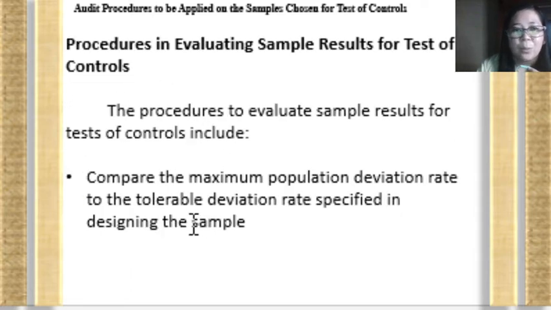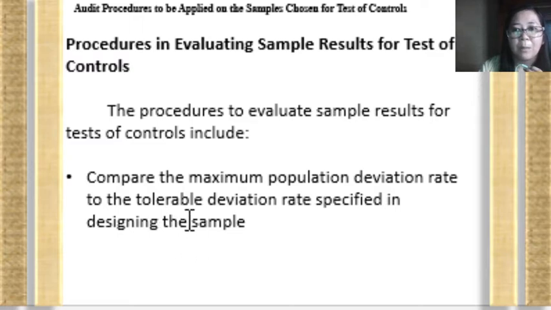After which the auditor will compare the maximum population deviation rate with our tolerable deviation rate that is specified in the sample. As we go along, we will discuss why this will be compared in the interpretation, if there are any differences between this maximum population deviation rate and our tolerable deviation rate.